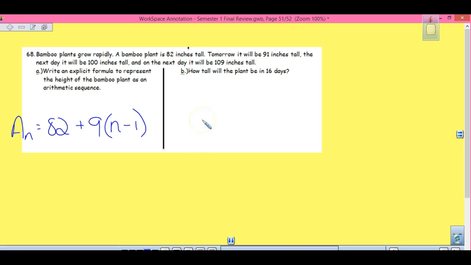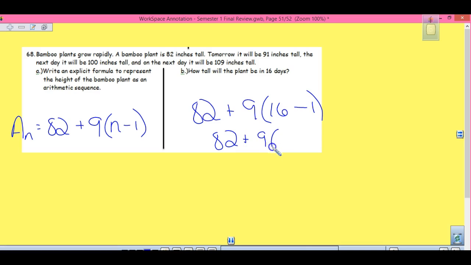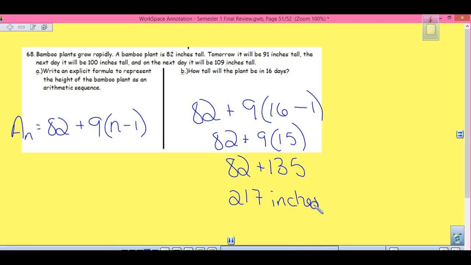I should have more than 2 people participating. 82 plus 9 times 16 minus 1, or 82 plus 9 times 15. 82 plus 135, or 217 inches tall. The bamboo plant will now be 217 inches tall.